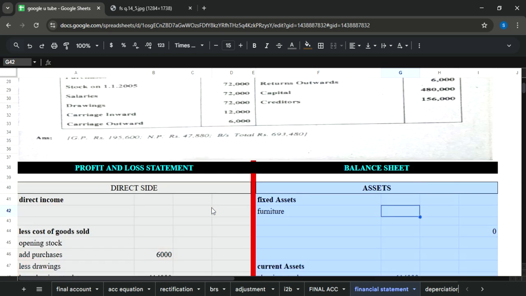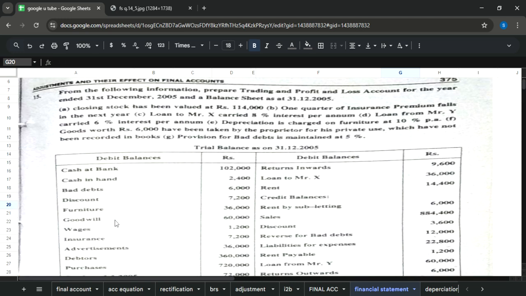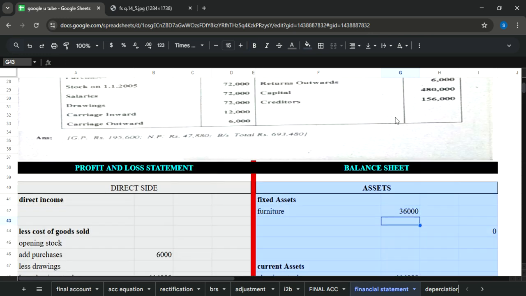So here, 36,000 was amount of furniture. Once again you can see 36,000 and depreciation was 10%. So you will subtract this depreciation.